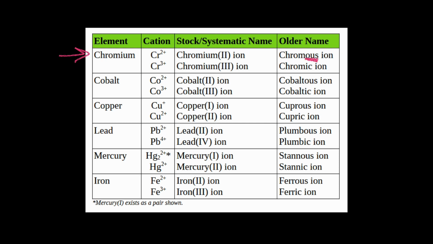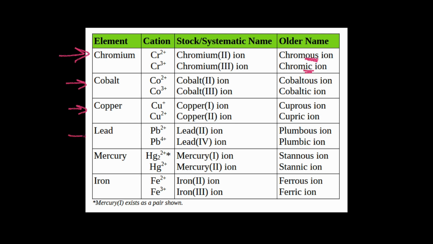Again, the -ous is the fewer positive charges, the -ic is the more positive charges. Cobalt, you see I have the Stock system naming, then cobaltous ion, cobaltic ion, that's the older naming, you don't really see that much. Every now and then with copper, Cu+, copper(I) ion, cuprous ion. Cu2+, copper(II) ion, cupric ion, you do see that one.